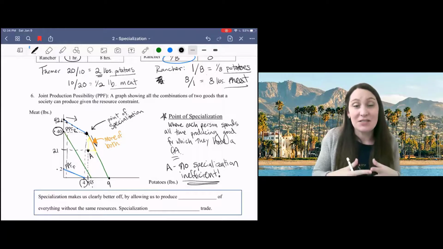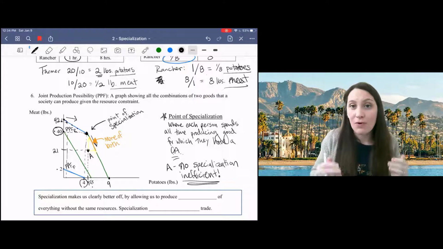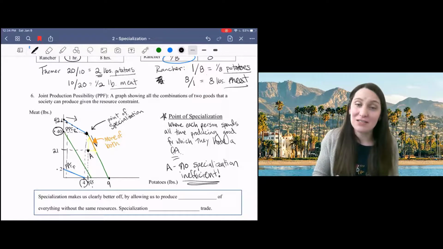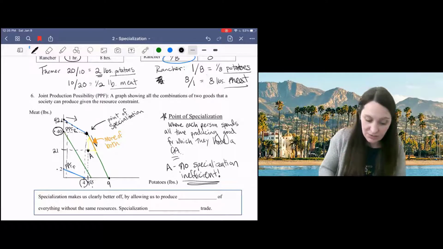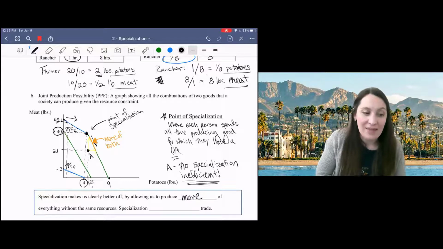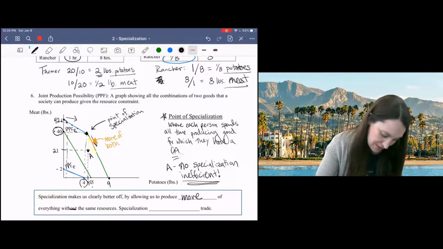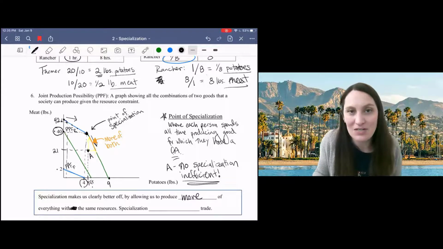But this shows us in the most basic case, even when we don't get better at things, even when one person is just worse at everything, we still benefit from specialization and trade. So specialization makes us clearly better off in production because it allows us to produce more of everything, with the same resources, right? We haven't used any more time here.